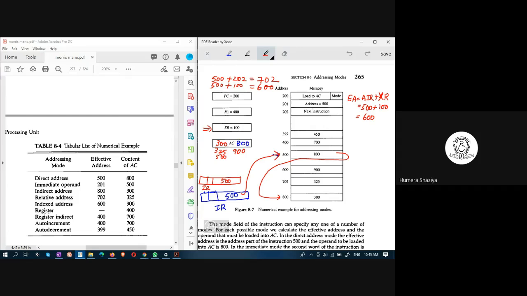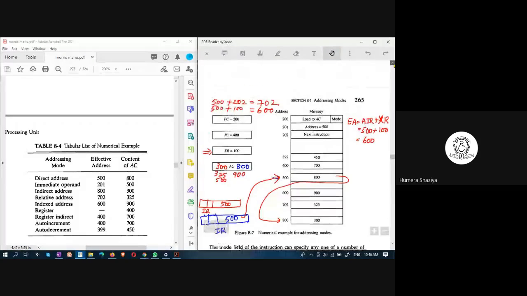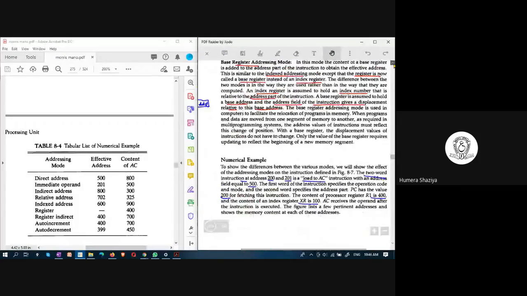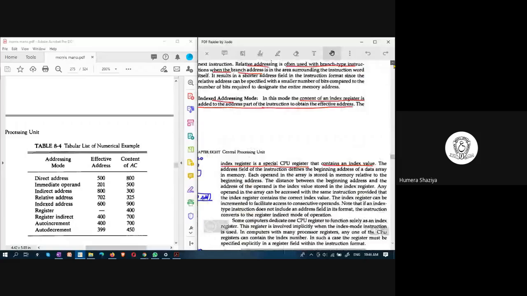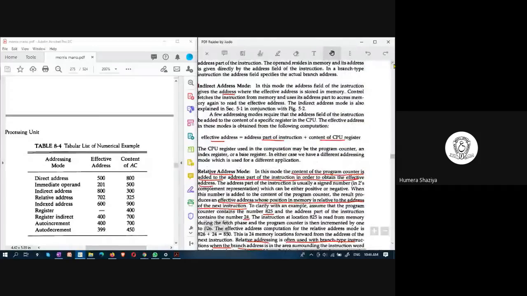Next, let us look at register address. What does register address mean? Students, do you remember, in addressing modes you have learned that there is a register mode, a register indirect mode, and a register auto increment and auto decrement mode.